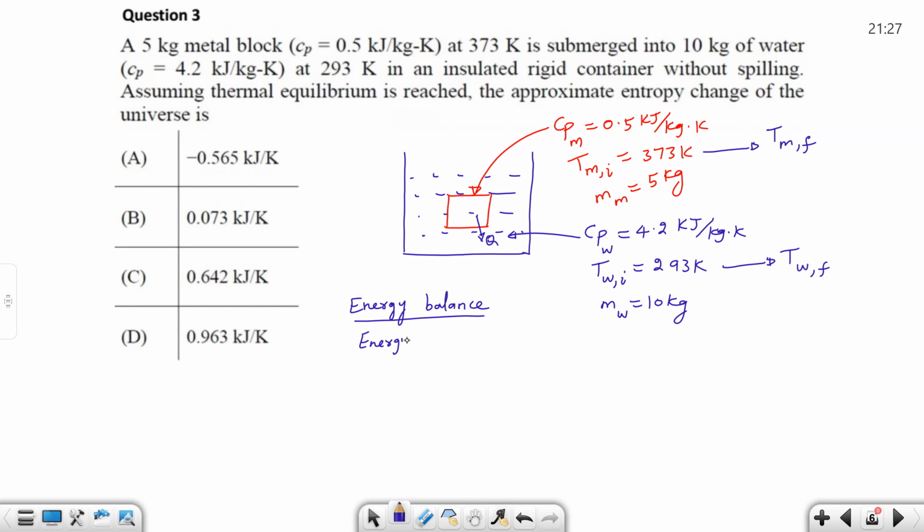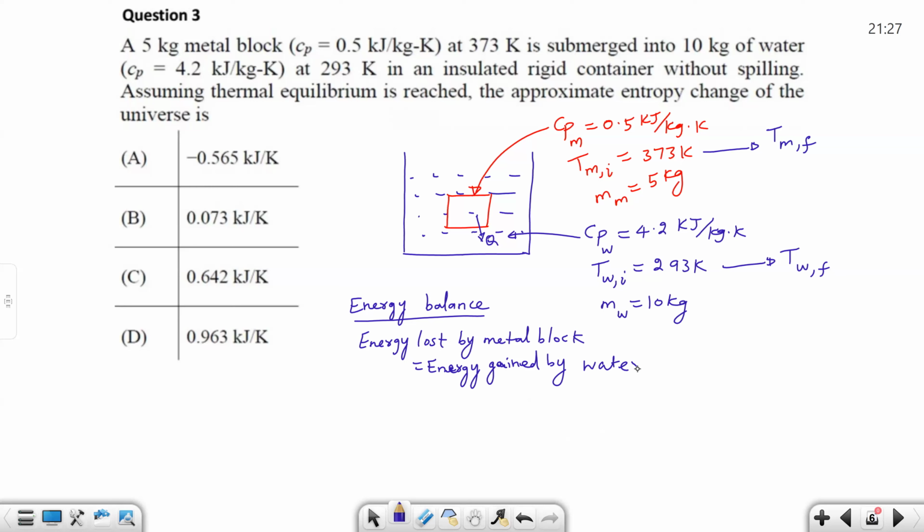Energy lost by the metal block is equal to energy gained by the water.